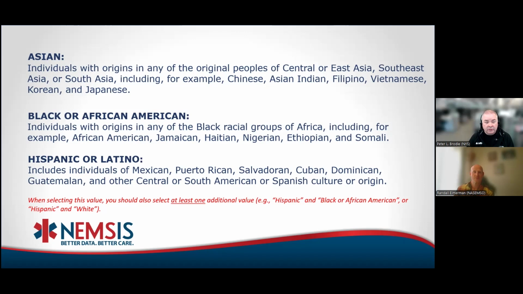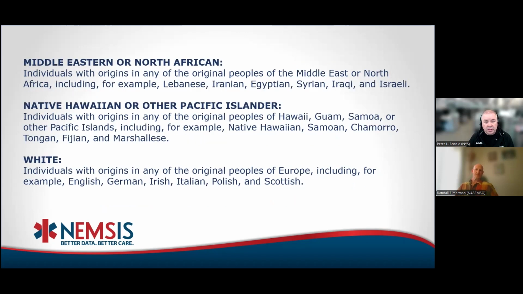Next slide, Randall. Middle Eastern or North African: individuals with origins in any of the original peoples of the Middle East or North Africa, including Lebanese, Iranian, Egyptian, Syrian, Iraqi, and Israeli.